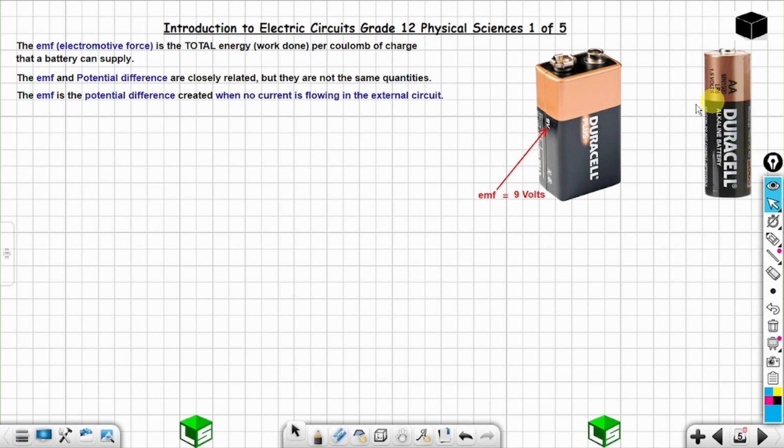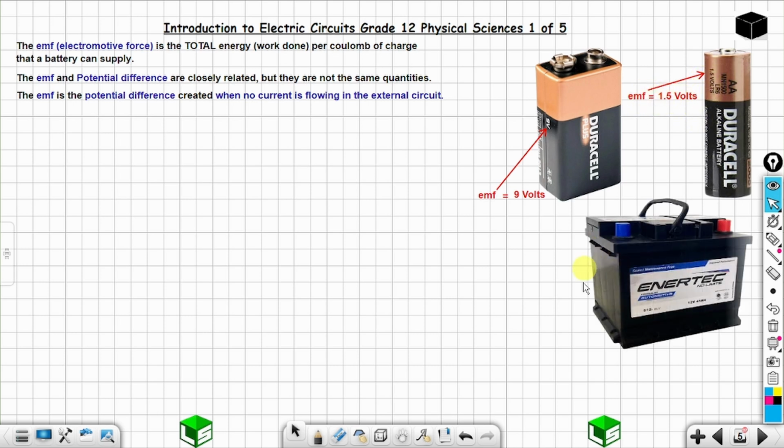If you buy, for example, this battery, you are going to see it is indicated that the voltage is 1.5 volts. So this is the EMF. If you have this battery, the type you use in a car, you are going to see that there is 12 volts indicated on the battery. So this is the EMF of this battery.